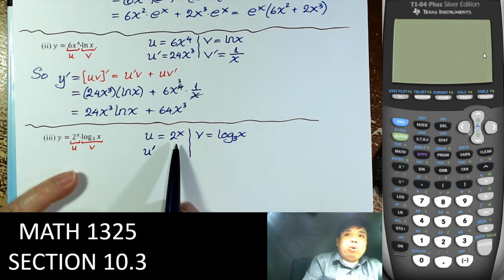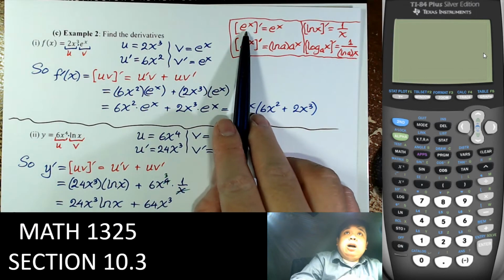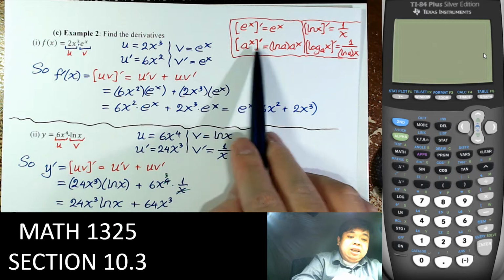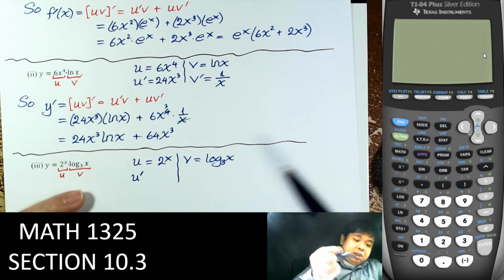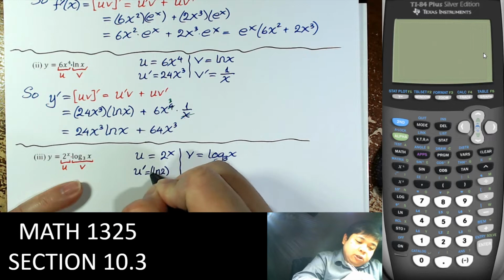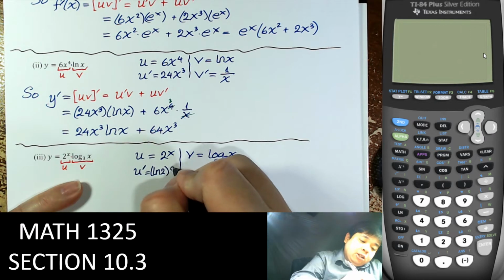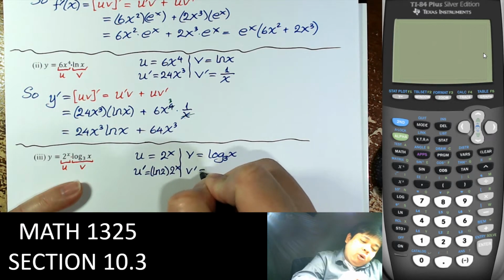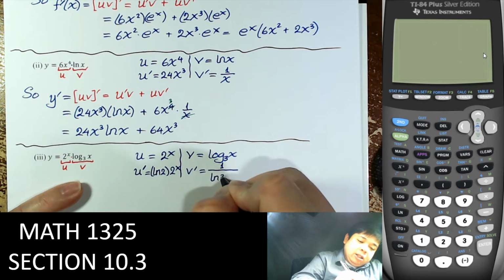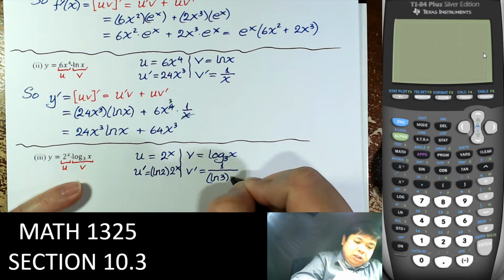This is not the power rule, this is the exponential rule. We have e to the x. If it is something other than e, we have to multiply by ln of the base. So in this case we have ln of 2 times 2 to the x, and v prime is 1 over ln of the base times x.